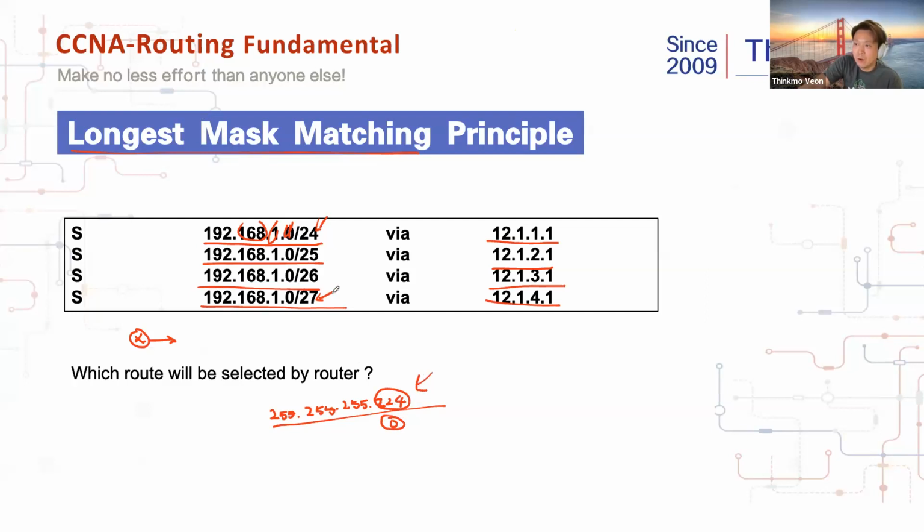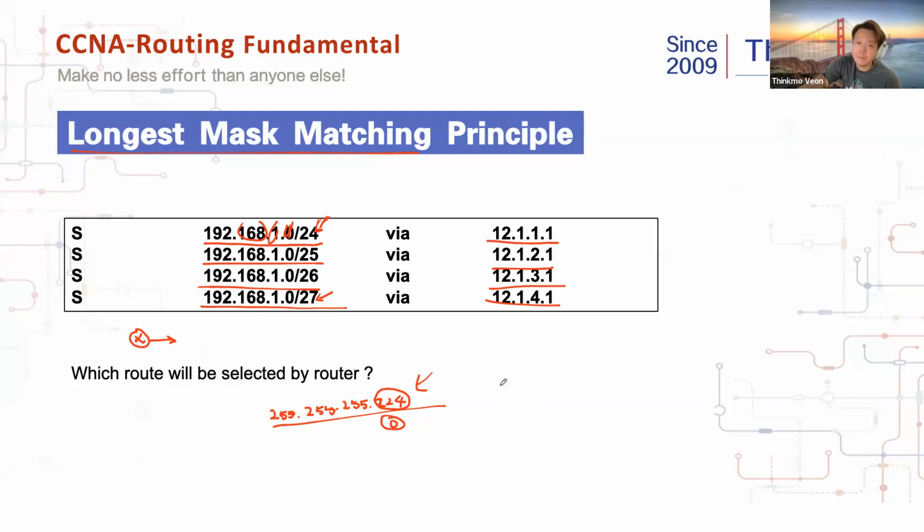The route that is more specific will be better than the shorter mask. You get what I mean? So here, longest mask means that the more specific route will be preferred over the less specific one.